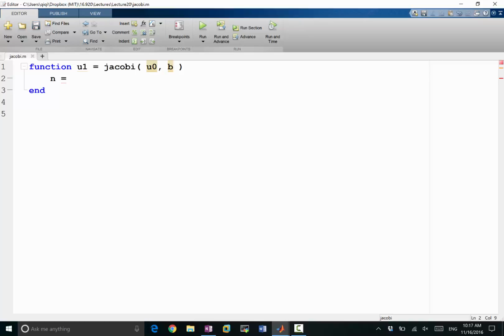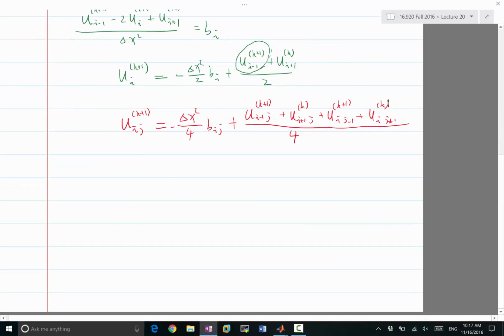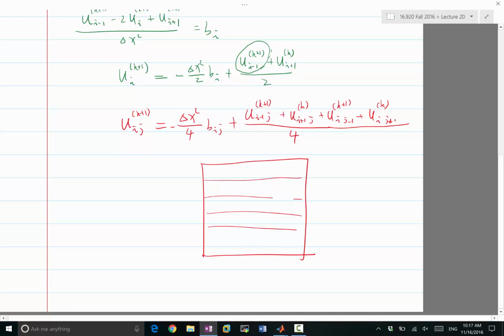Let me tell you what the grid is that I'm doing here. This is the boundaries. We have values even on the boundaries. So the whole thing is going to be 125 points. That means the interior is going to be 123.